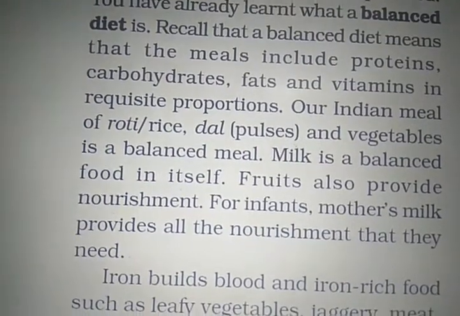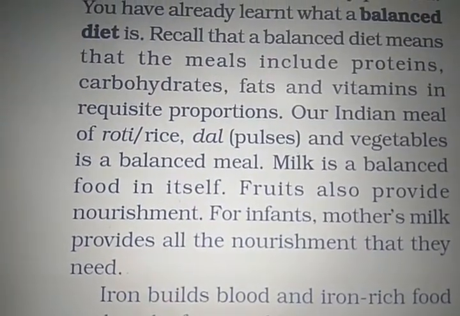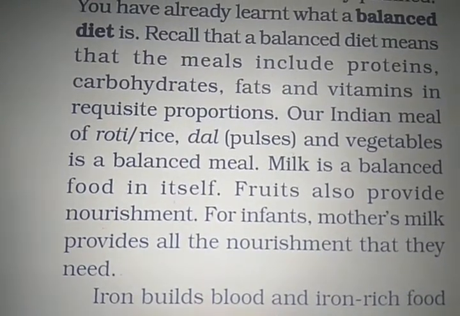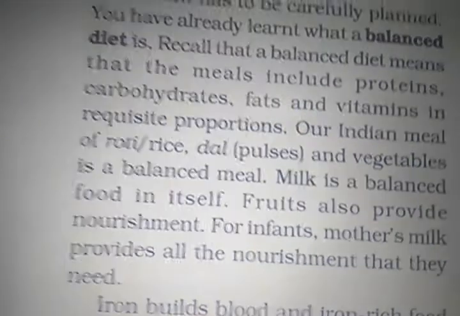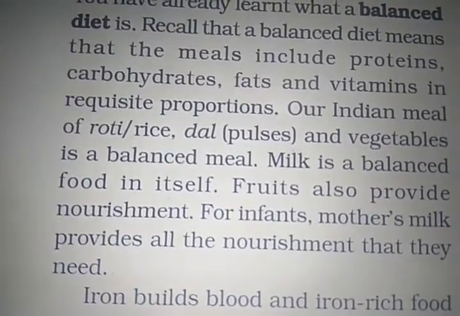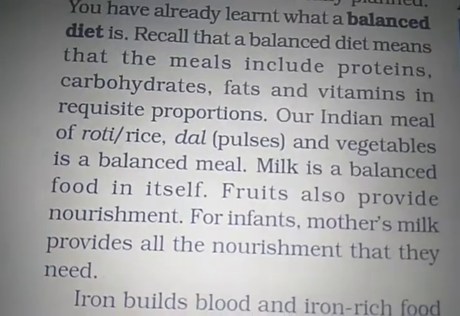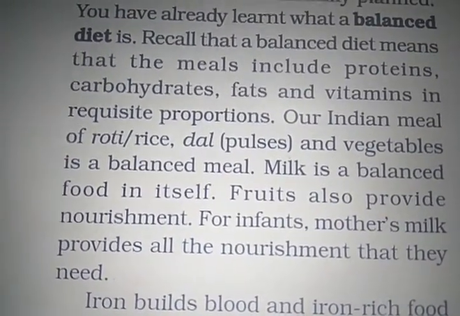Our Indian meal, that is roti, rice, dal, pulses and vegetables, is a balanced meal. That's why in our daily routine we eat these only, right? Dal, rice, chapati, milk. So in daily routine we are eating this diet.